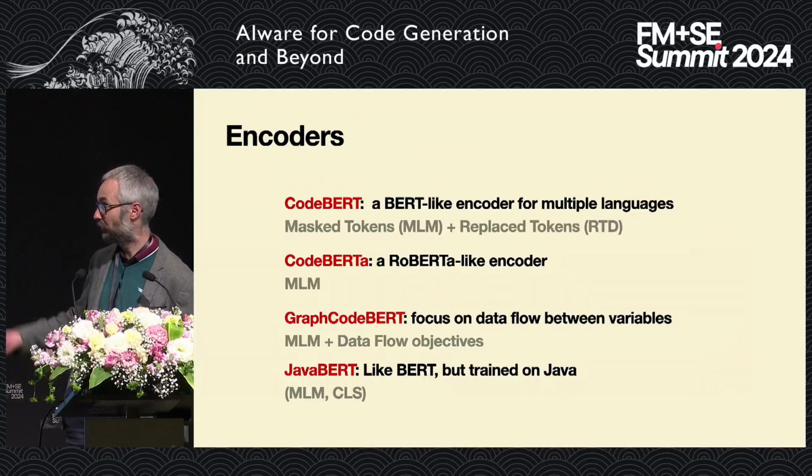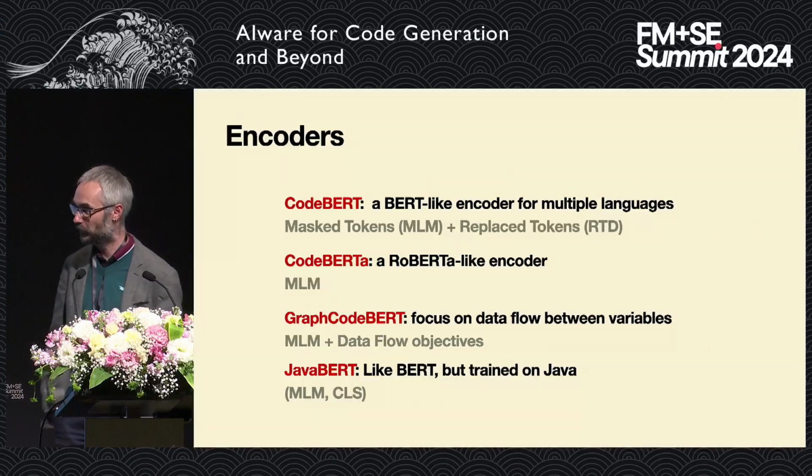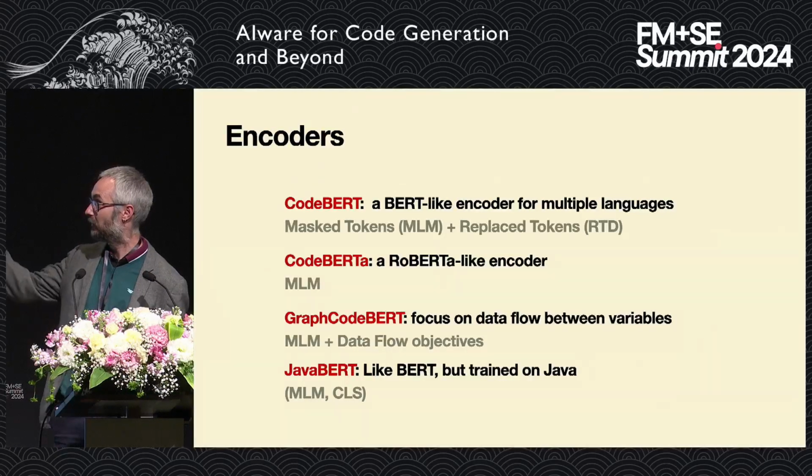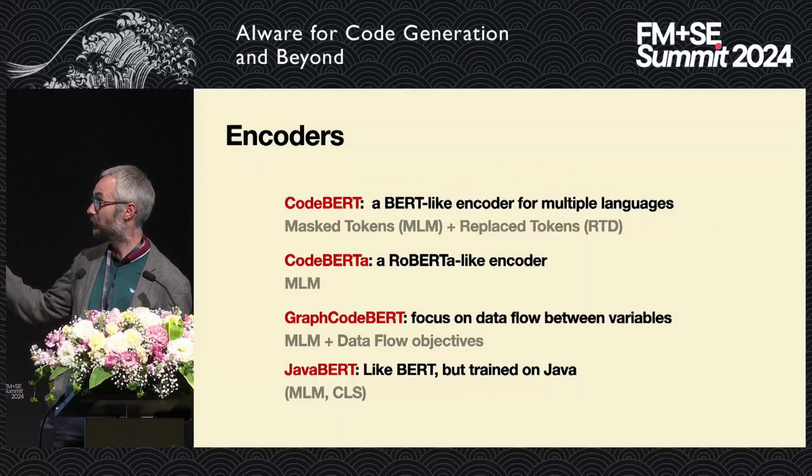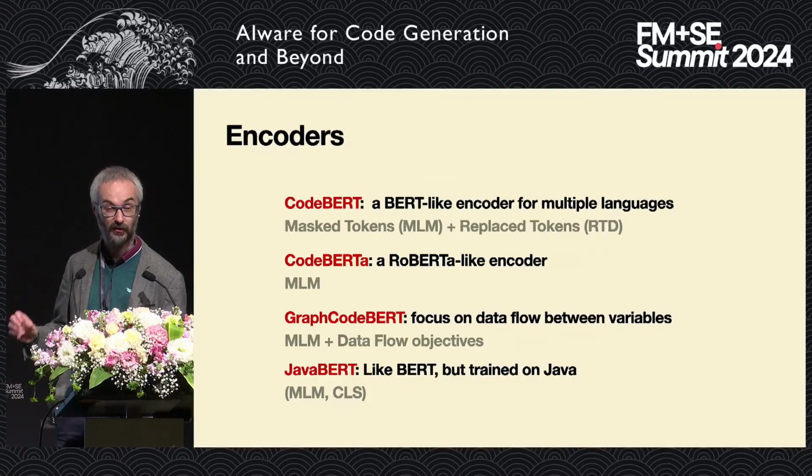I won't go into the details here because I don't think that's very important, but we had these models. We had CodeBERT, CodeBERTa, GraphCodeBERT, which is interesting because it's trained in a way that is really source code specific. JavaBERT is also interesting because it's trained only on Java, so we'd expect that it would know a lot about Java.